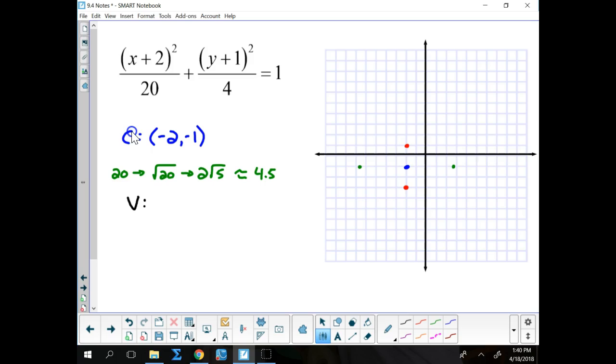Which one's the major axis? Horizontal is the major axis, right? So I've got to add and subtract 2 square roots of 5 to the x or to the y of my center. What? To x. So my vertices are going to be at -2 plus or minus 2 square roots of 5, comma, -1.